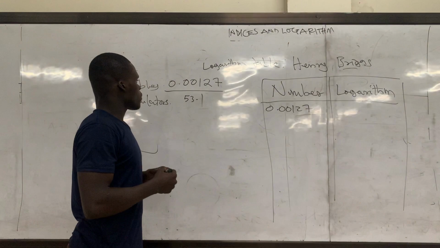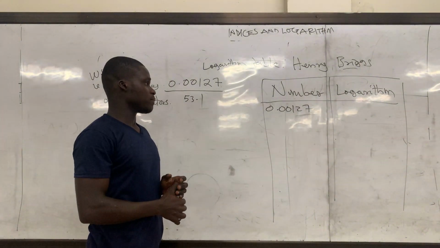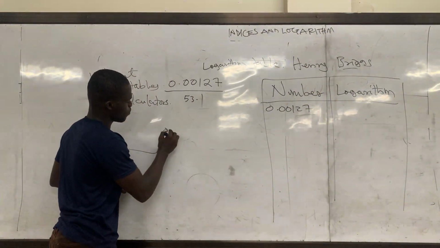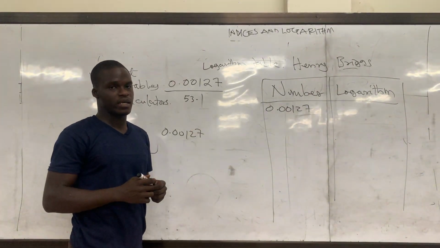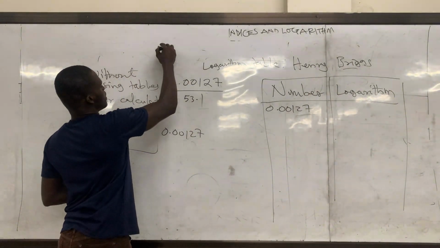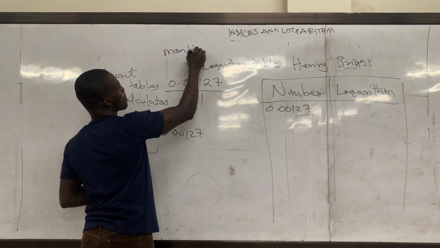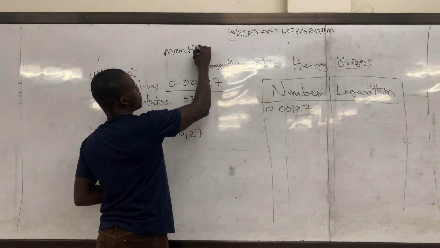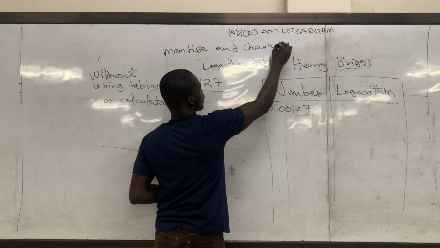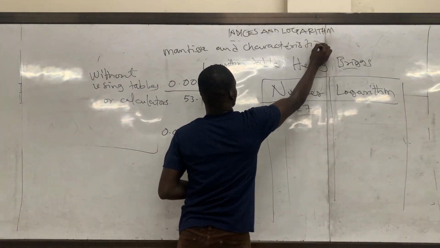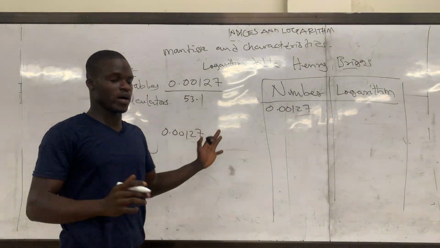So what we do here is that if we have 0.00127, we have something we call the mantissa and then the characteristic. So that's what we are going to use here.